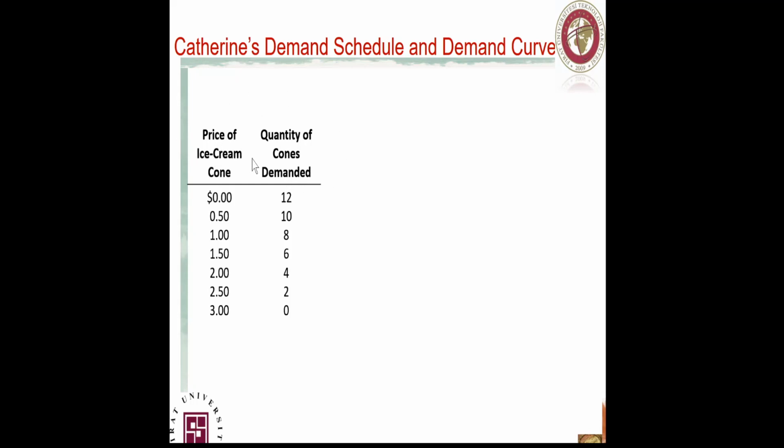So here we have the price of the ice cream cone and the quantity of cones demanded by the buyer. At price 0, you may tell me there is no price 0, but just assume it. This is an assumption. The buyer will demand 12. At 50 cents, the buyer will demand 10, and it goes on. So we have the schedule.